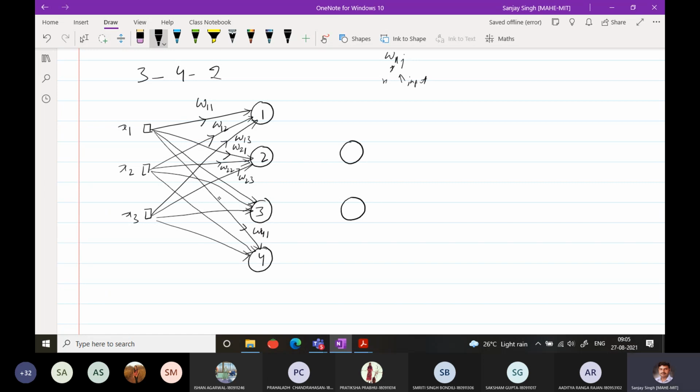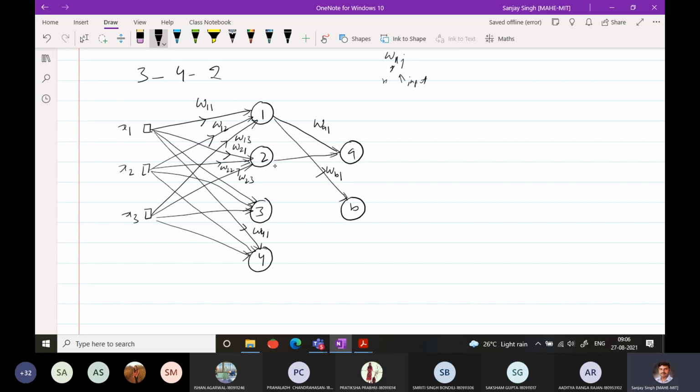Now the question is, these many parameters are there. Similarly, we'll have this kind of connection as well, and this you can mark as A and B. So this I can say WA1 and this I can say WB1.